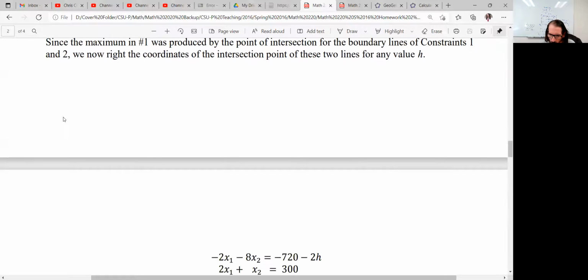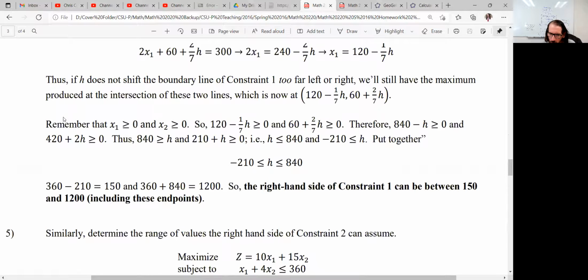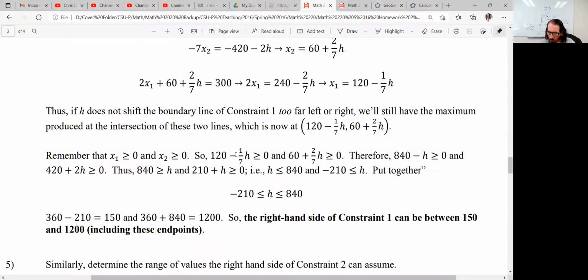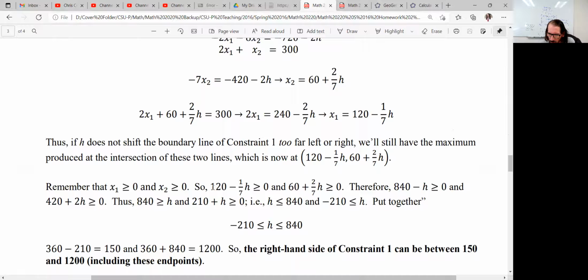So if I solve each of those inequalities, then I can multiply everything in the first one by a positive 7 and get 840 minus H still greater than or equal to 0. And in the second constraint, every term on both sides multiplied by positive 7, and that's going to give me 420 plus 2H greater than or equal to 0.